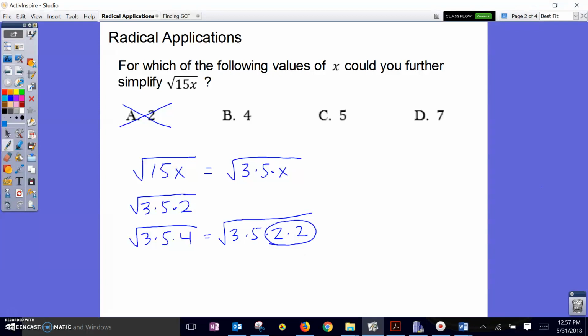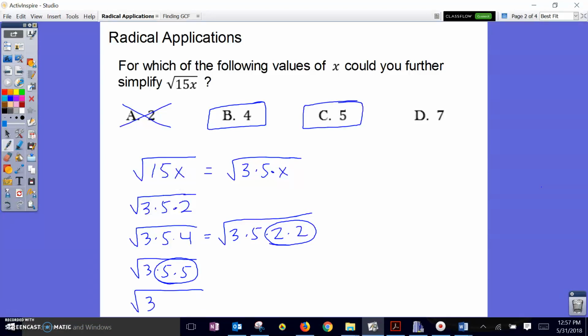So I do have a factor pair, and I would be able to simplify further if I put 4 in there. All right, let's check out part C. If I put 5 into here for x, 3 times 5 times 5, again, I have a pair of like factors. So this one I could further simplify.